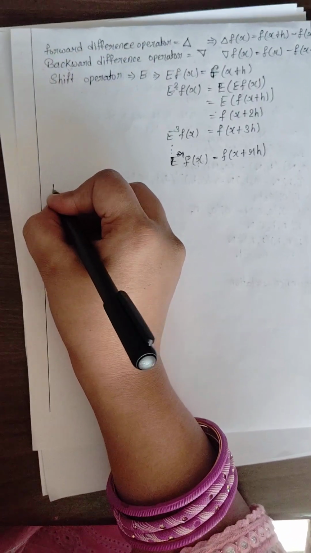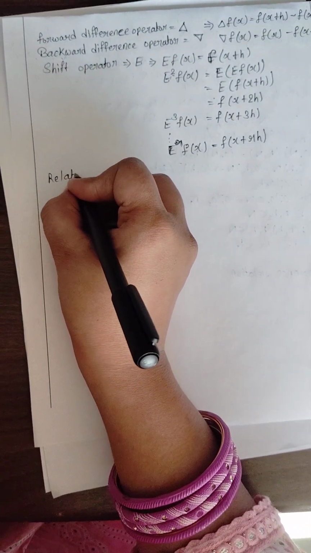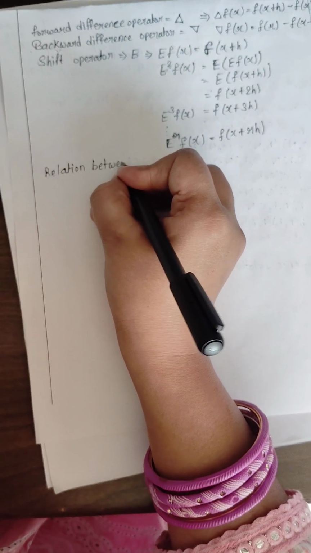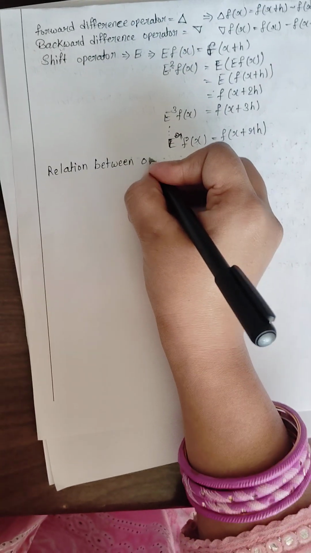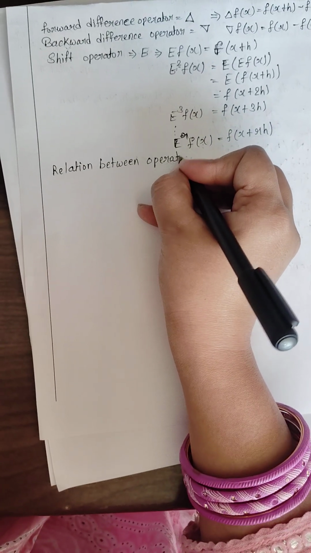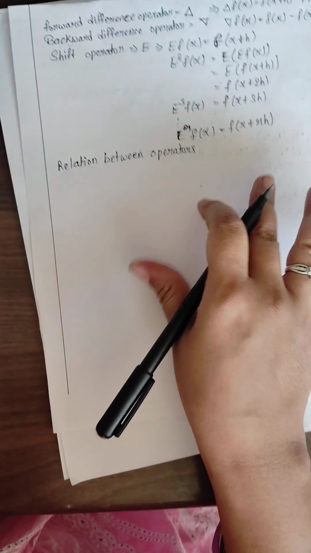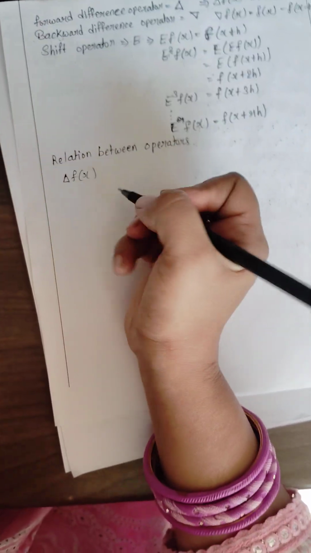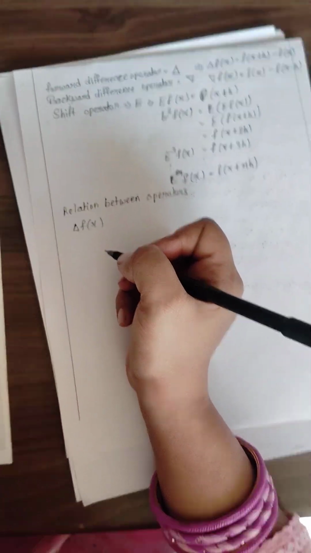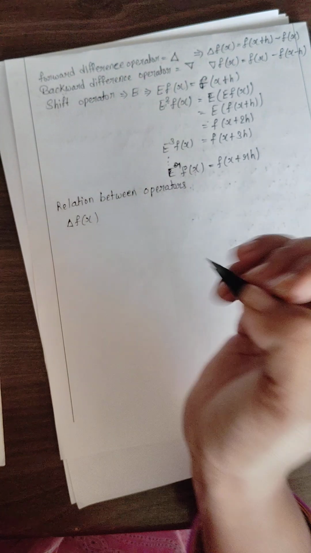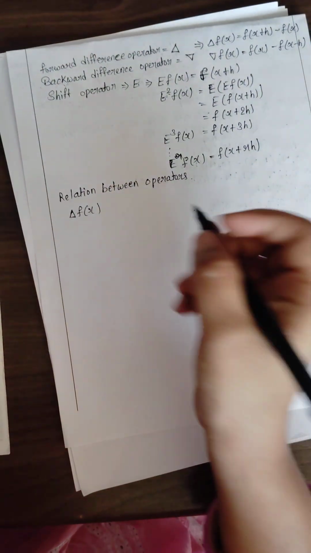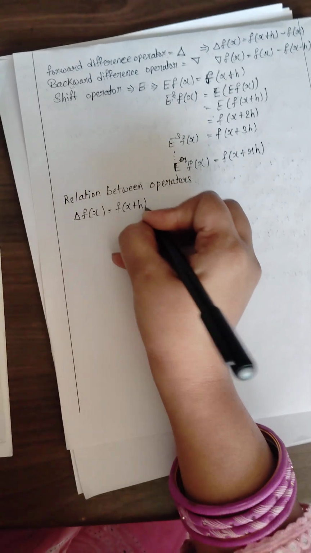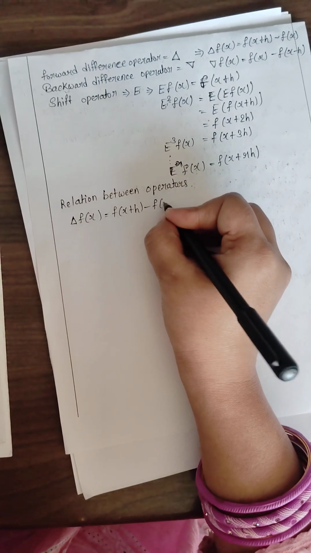Okay, so the relation between operators. As we know, the forward operator on f of x can be written as f of x plus h minus f of x.